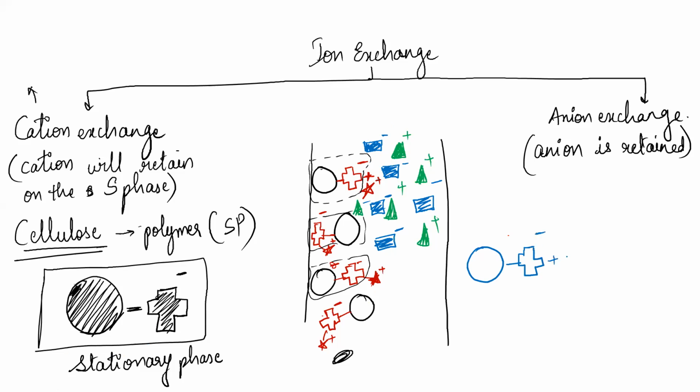So this was how it was before. Plus, after you added the mobile phase, now your mobile phase contained triangle of plus, rectangles of minus. So this might replace this.